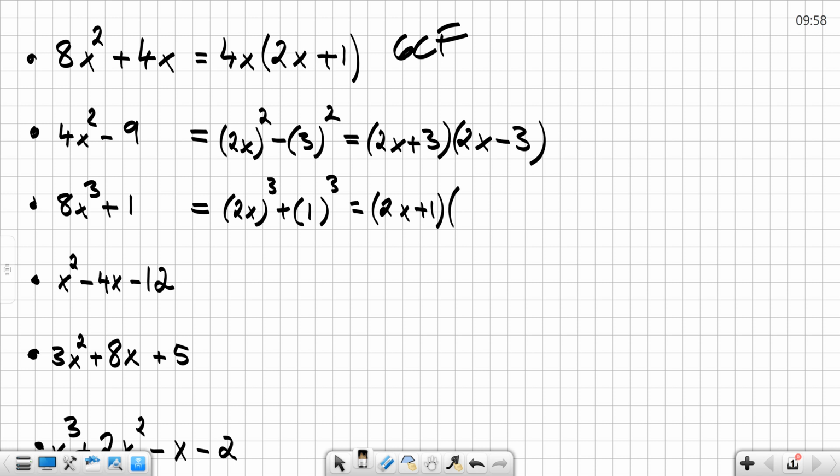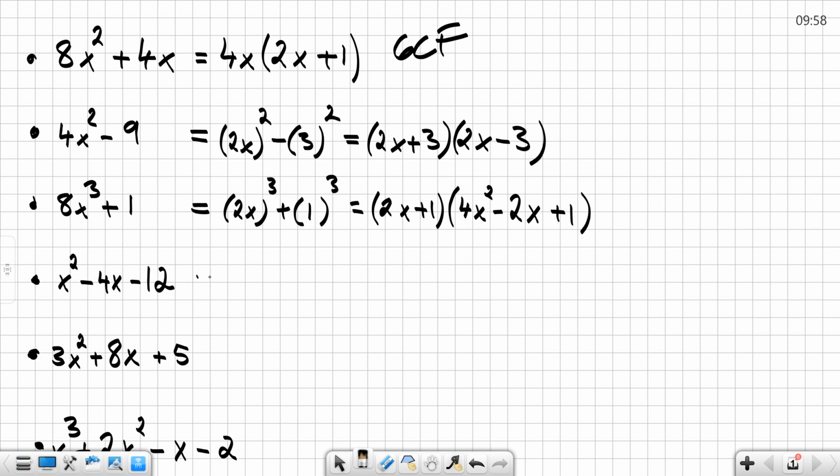Now, in my second factor, the first term was 2x squared, so 2x times 2x would be 4x squared. 2x times 1, opposite sign, plus the last one squared, 1 squared.